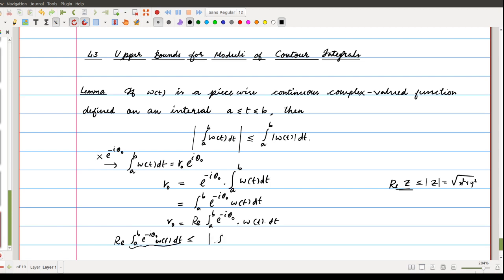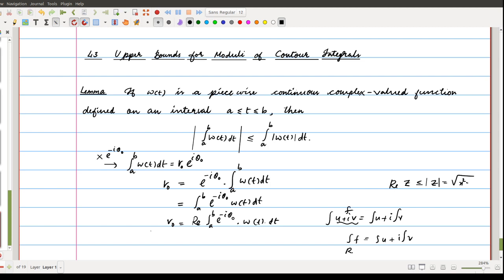First of all, we put the real part of this integral inside. Integral of u plus iv is defined as the integral of u plus i times the integral of v. That means if this is f, then the integral of f can be written as the integral of u plus i times the integral of v.